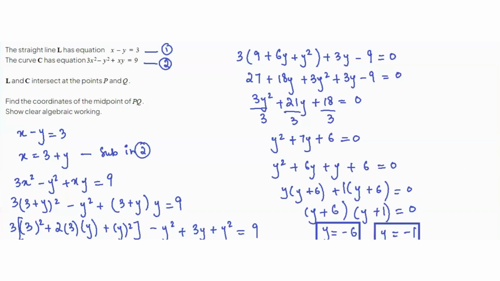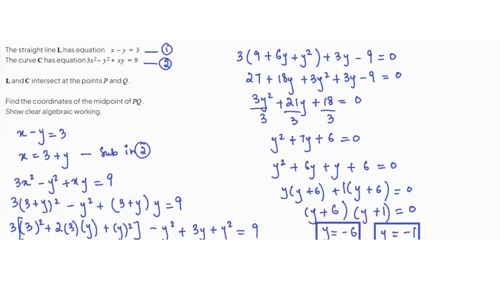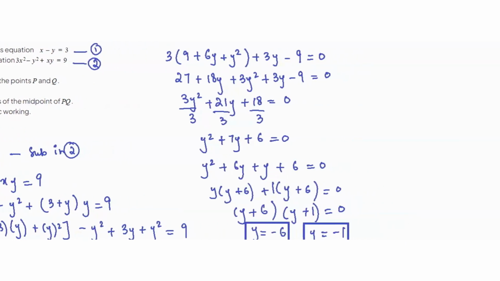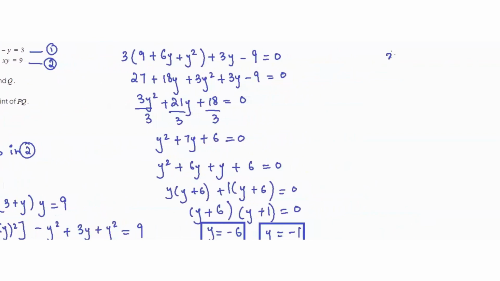Now we find the corresponding x values for these y values. For that, we can substitute these y values in the first equation, which was x minus y equals 3.